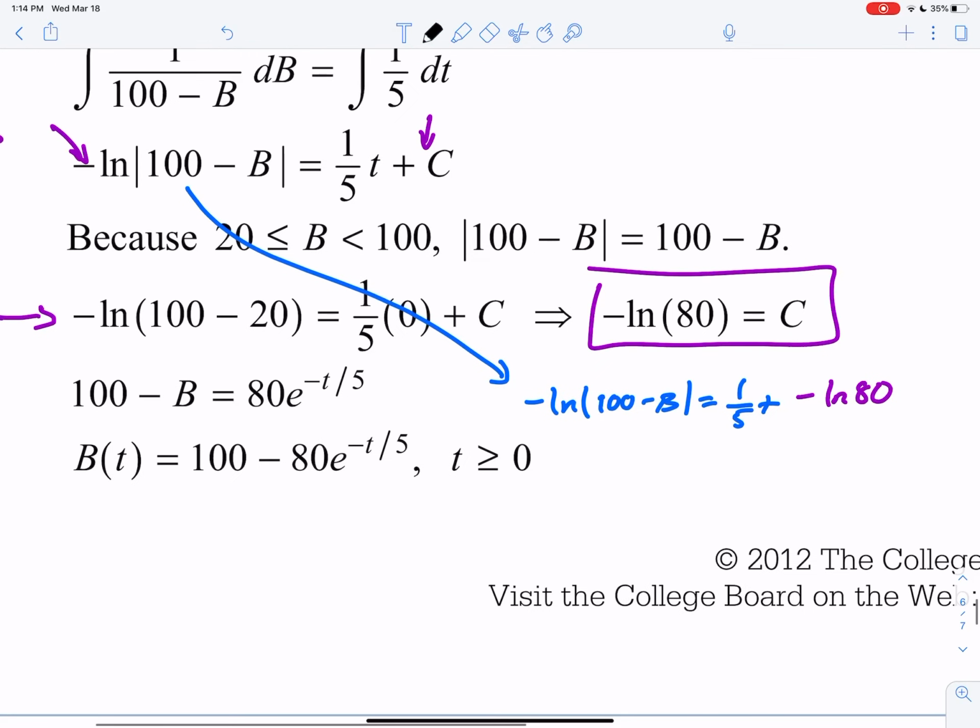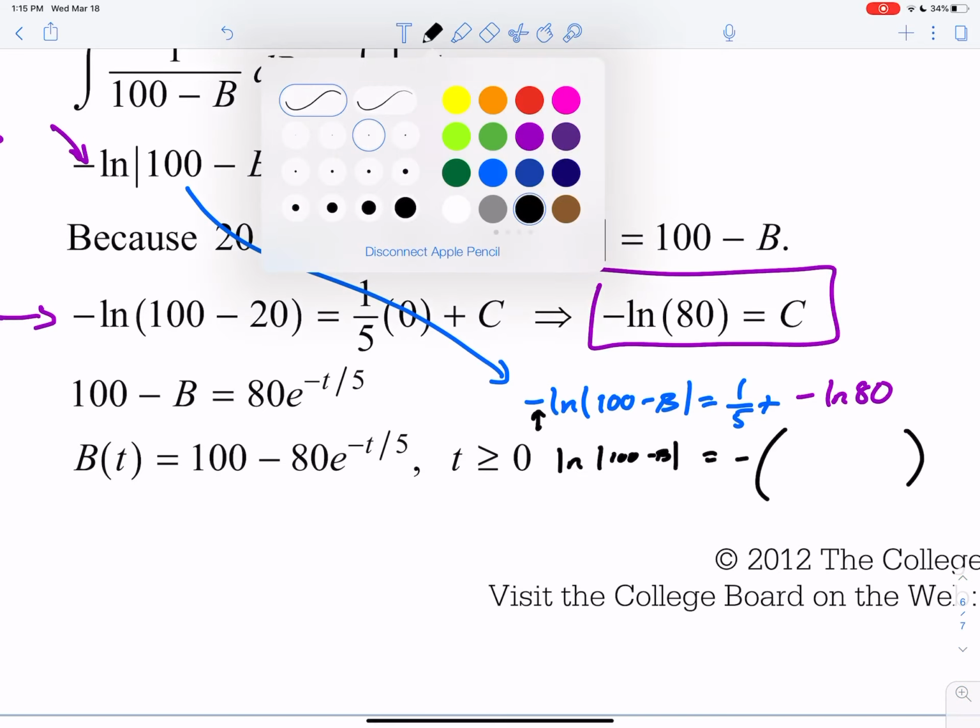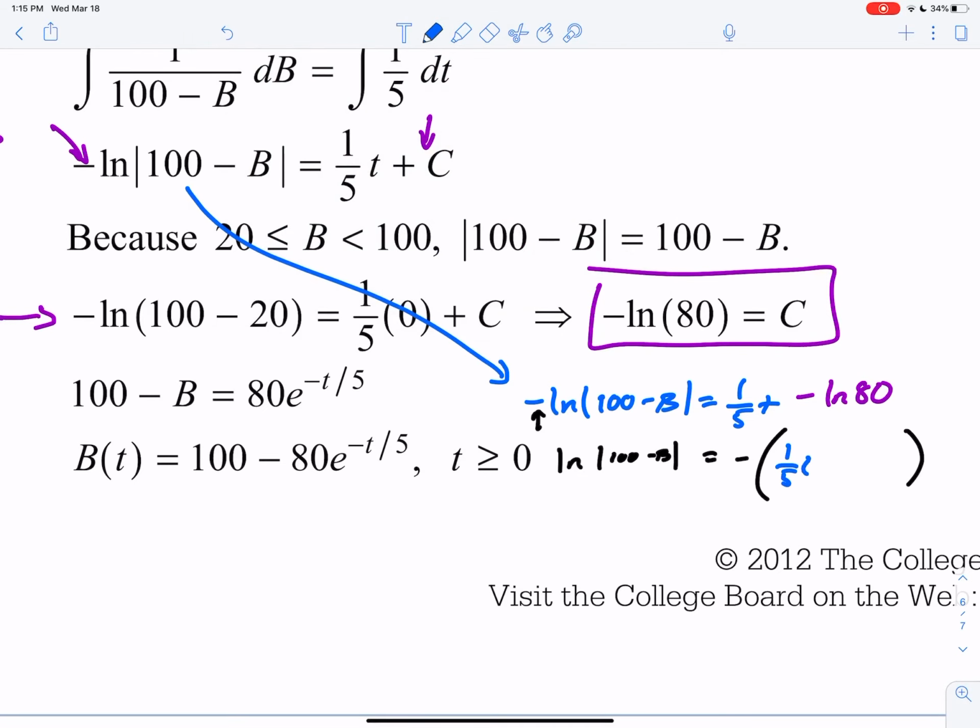Your only job now is to get b by itself, no matter how messy it gets. So here we go. I'm going to get rid of this negative right here by multiplying both sides by negative. So natural log of 100 minus b will now equal the negative of blah, everything on the inside, 1/5 t minus the natural log of 80.